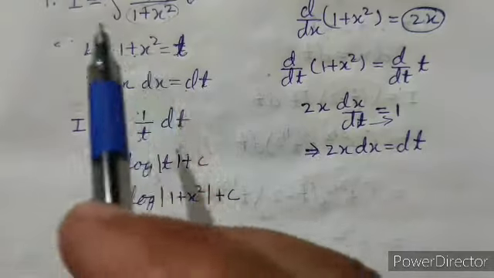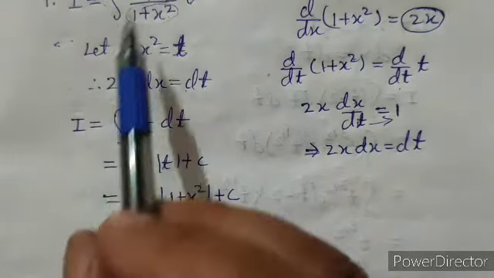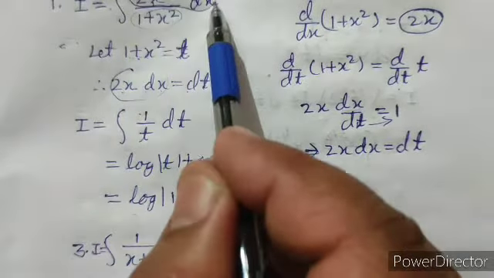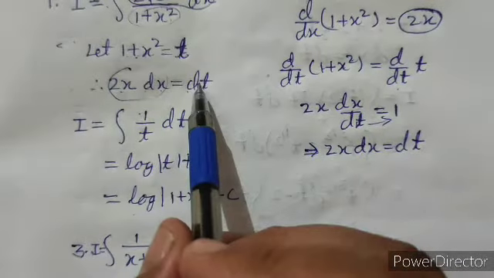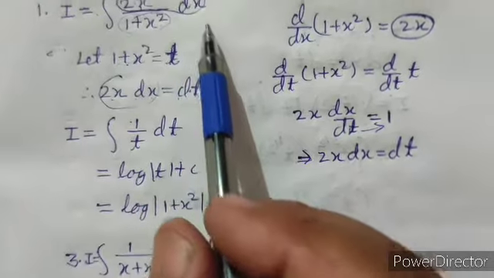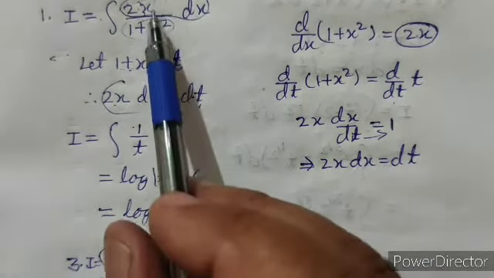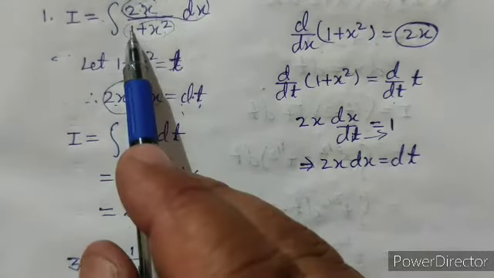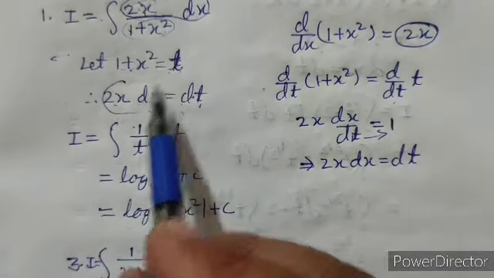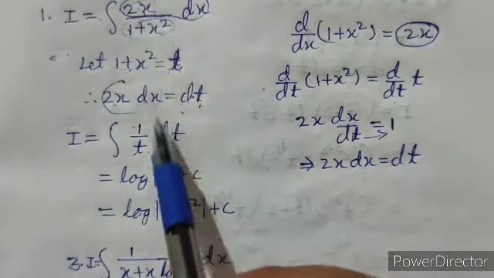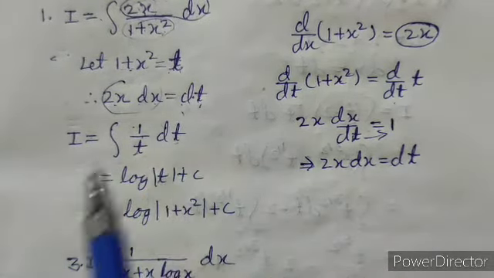Now here I will be equal to, now here 2x dx is coming as equal to dt. So in place of 2x dx we will write down dt, and 1 plus x square was taken as t, so I can be written as integral of 1 upon t dt.